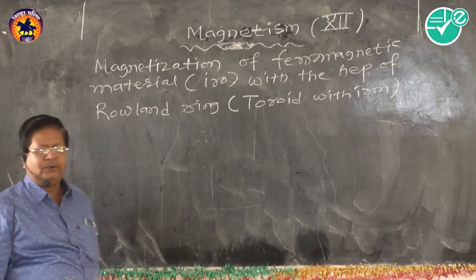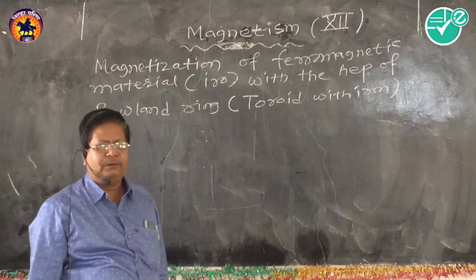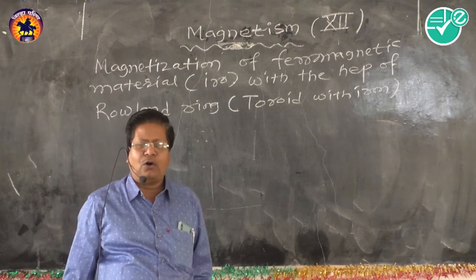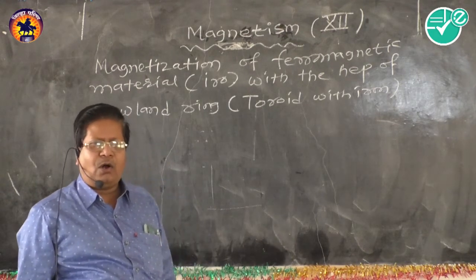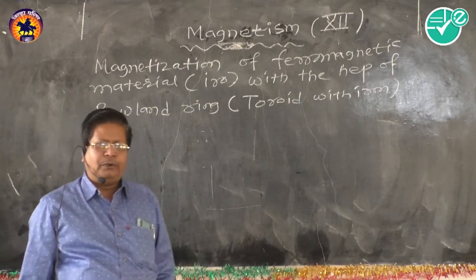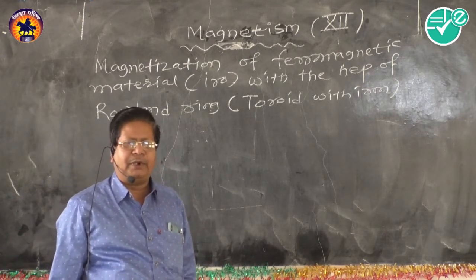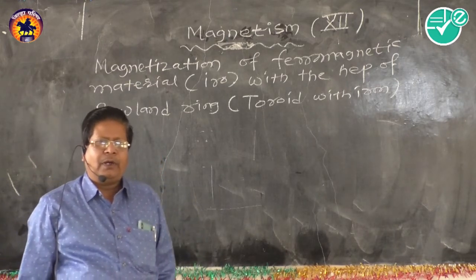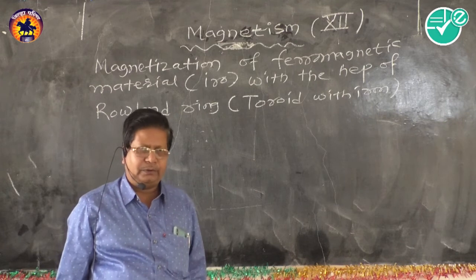As we know that solenoid is nothing but a long cylindrical former or a long cylindrical tube made up of non-conducting material on which large number of turns of conducting wire is wound.